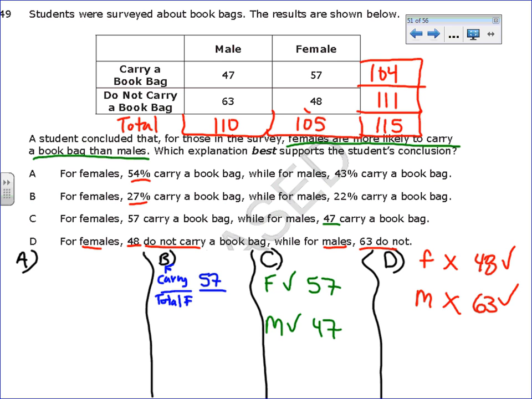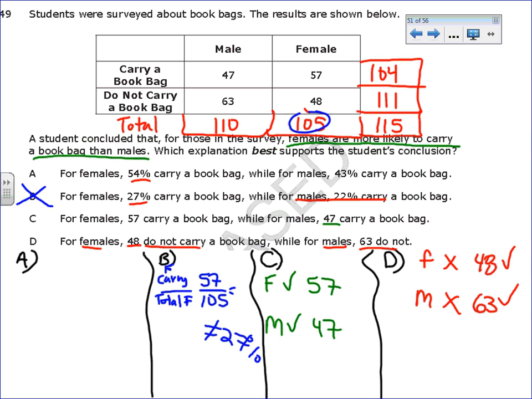How many total females do I have? 105. Well, if I take 57 and divide it by 105, it is not equal to 27%. So B is out because that's not true. I'm not even going to check the second part because I know the first part's not true.